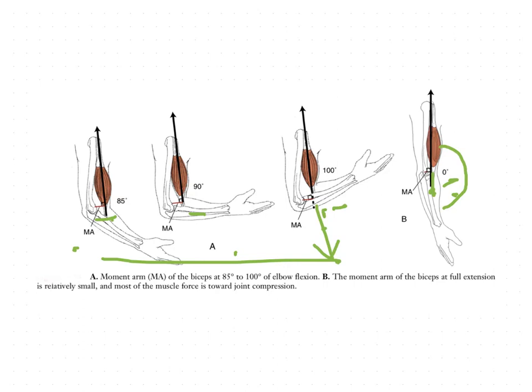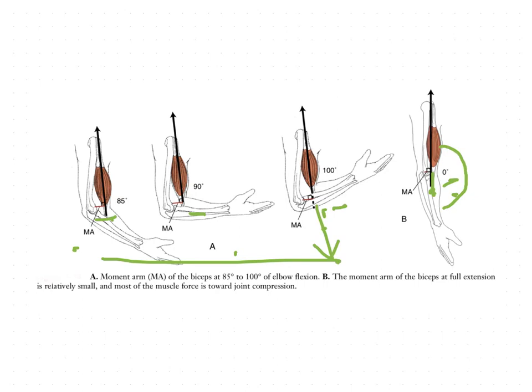So with simultaneous full flexion of both elbow and shoulder, especially when the forearm is supinated, in that position the ability of the biceps muscle to generate torque is diminished.